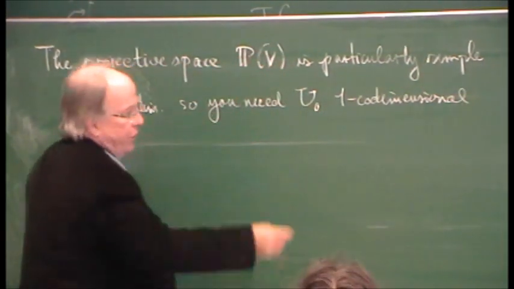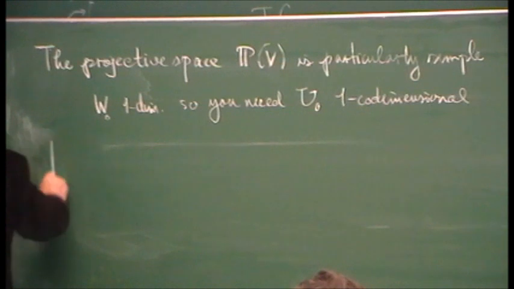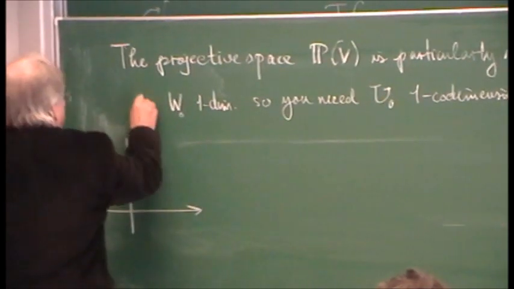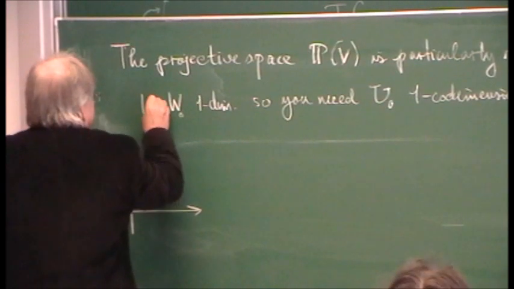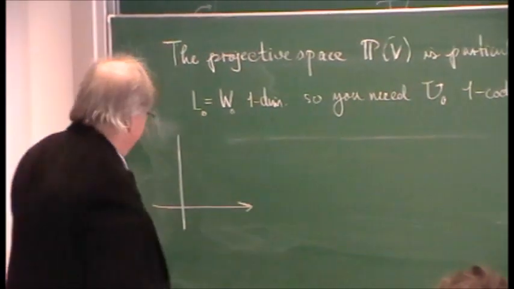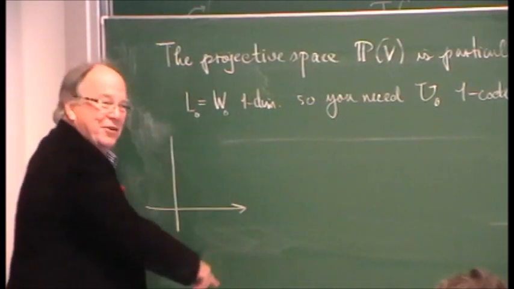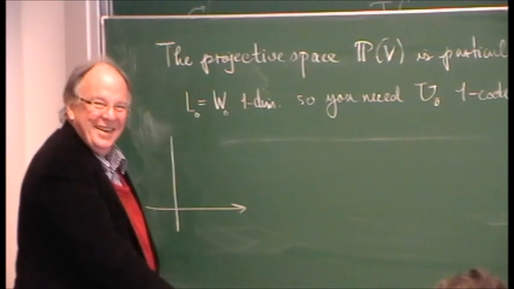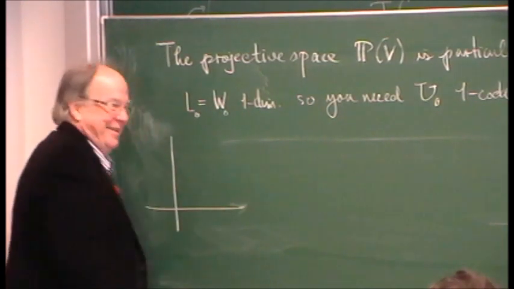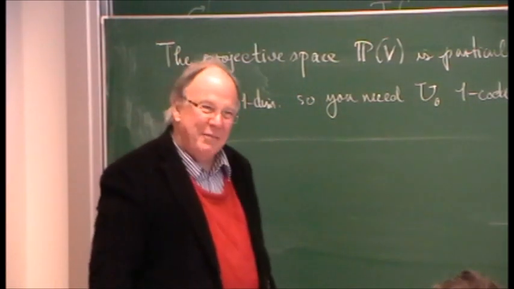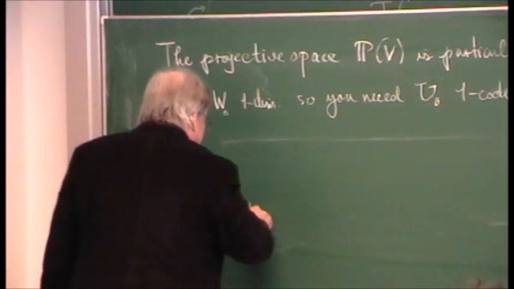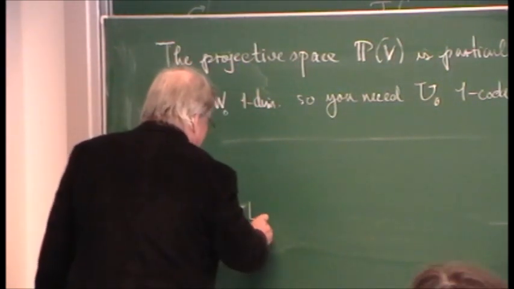Right, let me draw the picture here. So here is a one-dimensional line. Let's call it L for line. Okay, it's a line. Now I put an arrow again. There is no natural ordering on the complex numbers. So L0.